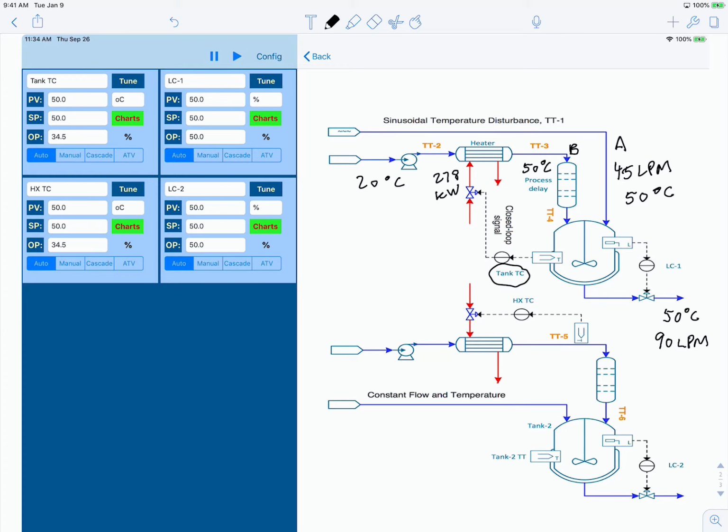The heated stream B, before it enters this tank, goes through an ion exchange column that provides a process delay. The tank itself has a liquid volume of 2,000 liters, and at the outset of the simulation, it's 50% full, and this level is controlled by a level controller, LC1.